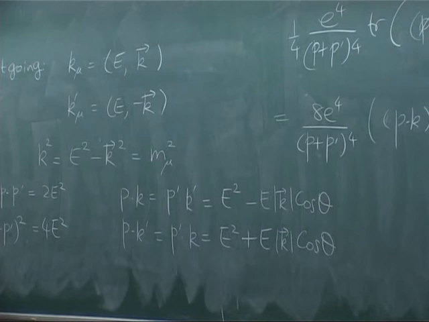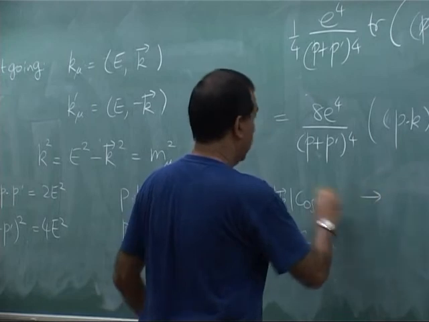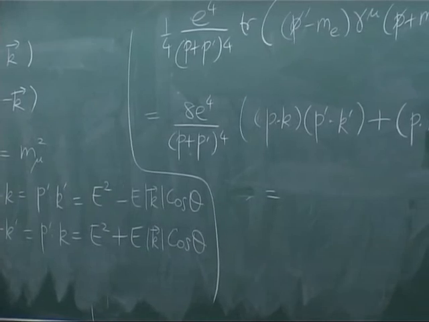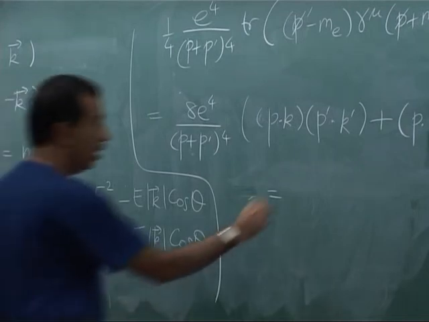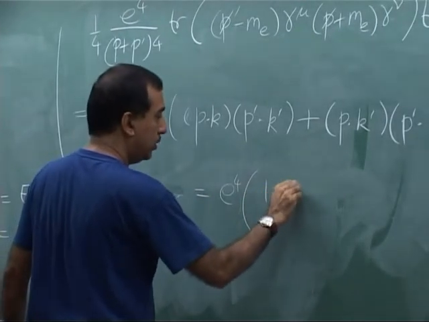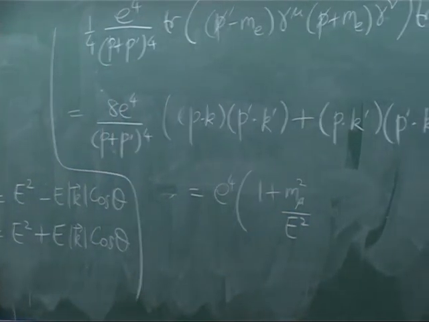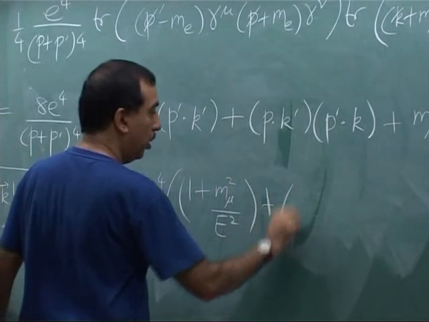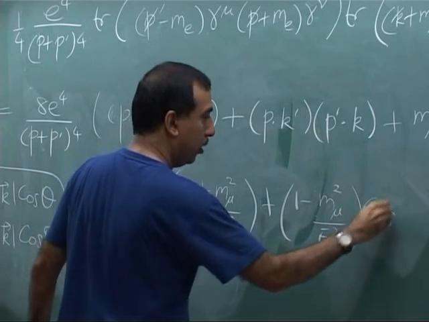So if you put all this stuff together, it's a 2 or 3 line exercise to see that this is now equal to, I'll just write down the final expression. So E to the 4th is in front. 1 plus M mu squared upon E squared, plus 1 minus M mu squared upon E squared cos squared theta.